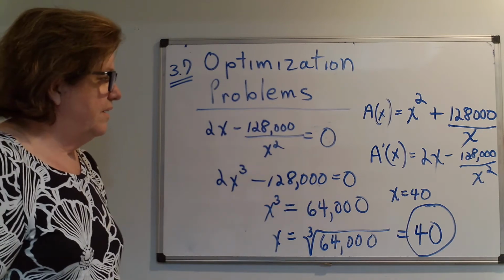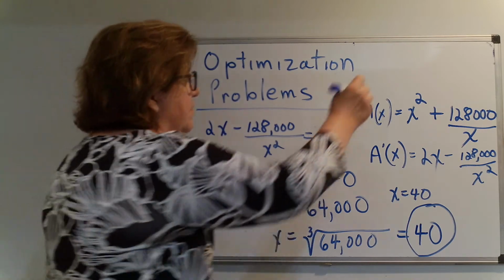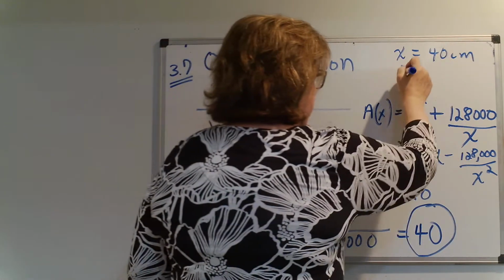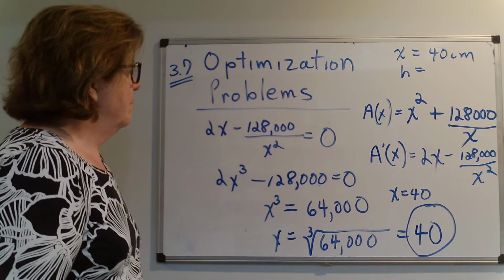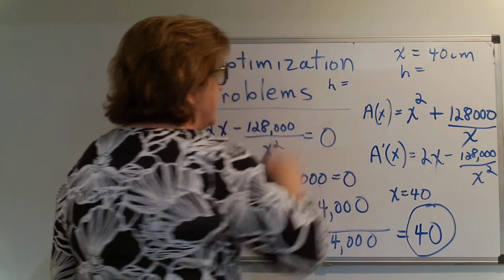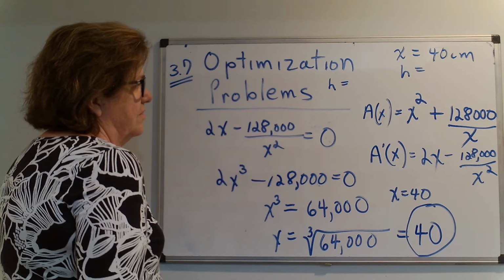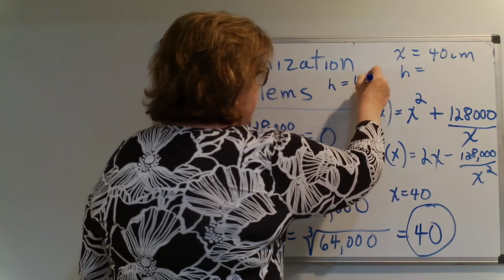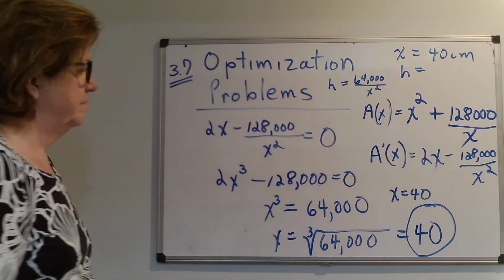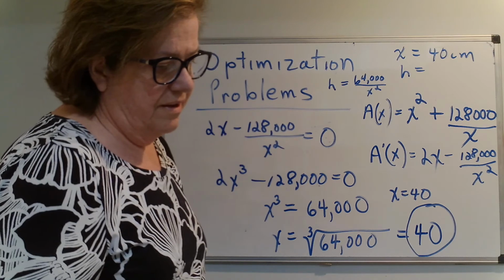So I know that if I make a box with a square base of 40 centimeters, so x has to be 40 centimeters, then the height, well, remember when we substituted in the height, I'm trying to remember what the height was.